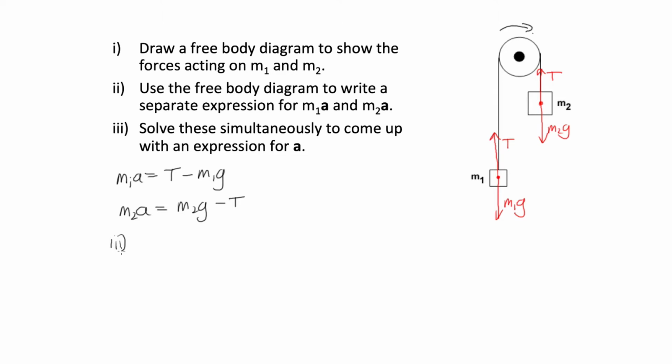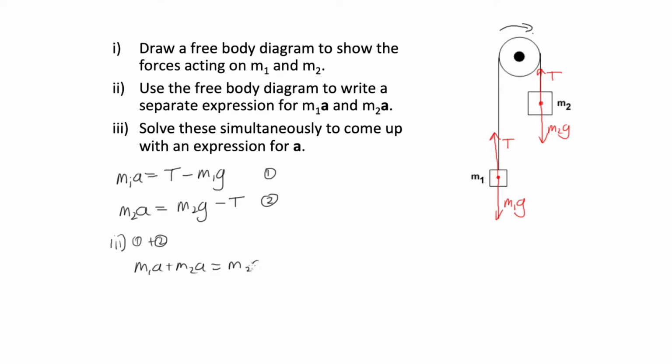Now in part 3, it says solve these simultaneously to come up with an expression for a. So let's call this one 1 and this one 2. Let's do 1 plus 2. And so we've got m1a plus m2a equals, now you can see we've got a T here and a minus T. So these two are going to cancel each other out when we add these two equations together.